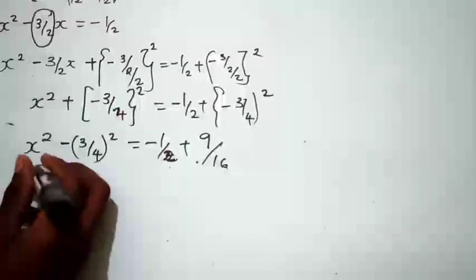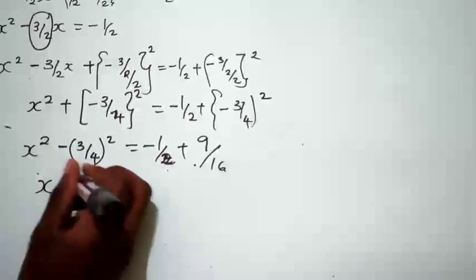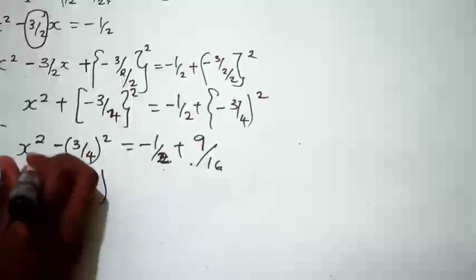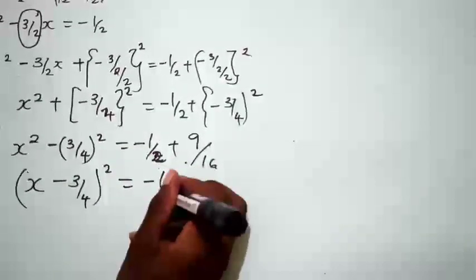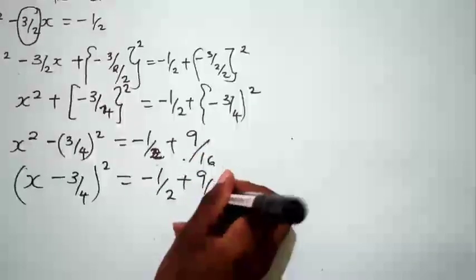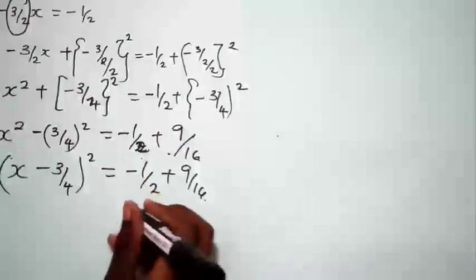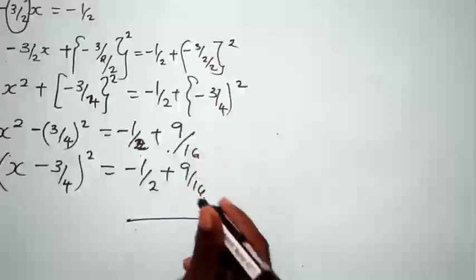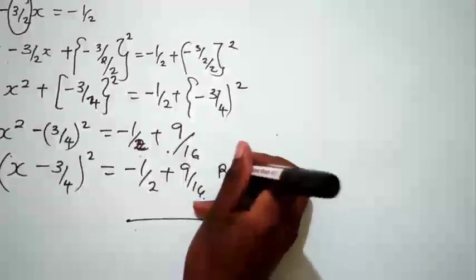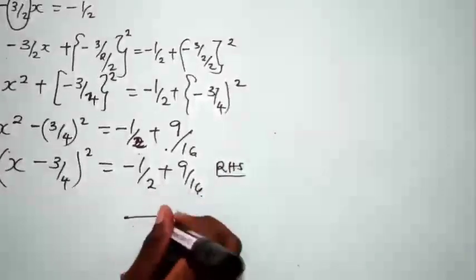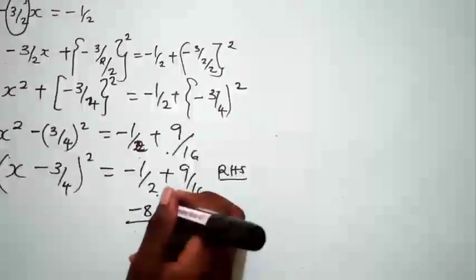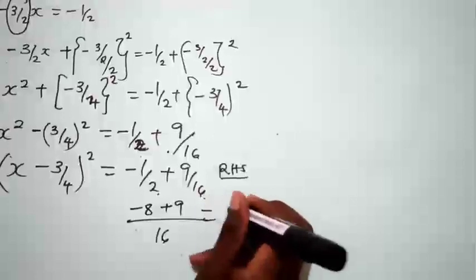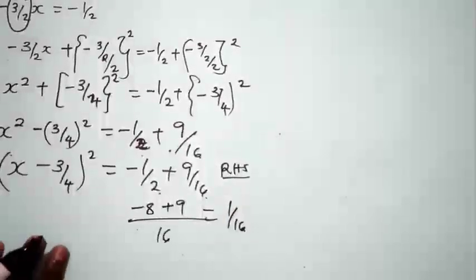In this case, we are going to have x minus 3 over 4 squared, which gives us negative a half plus 9 over 16. In this case, we use the LCM to solve for the right hand side. The LCM is 16, and we are going to have negative 8 plus 9, which is 1 over 16.